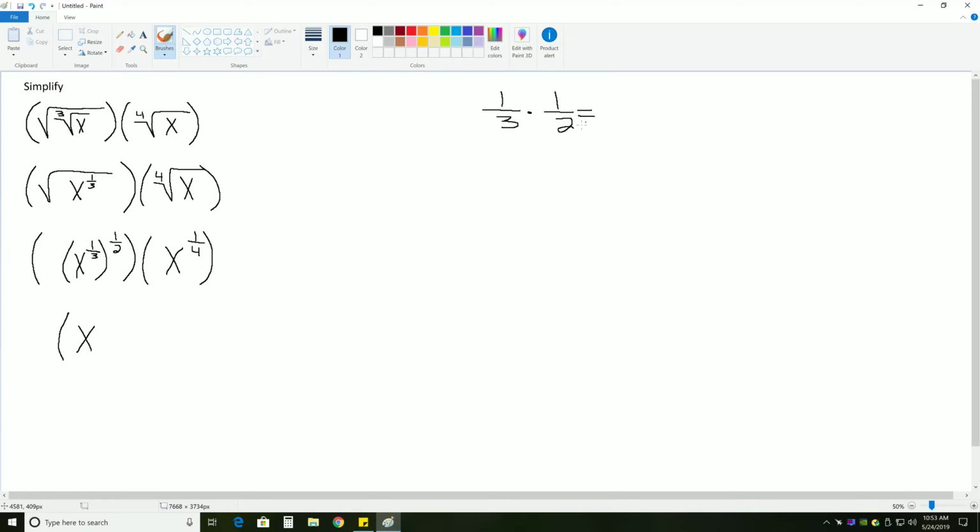Whenever you're multiplying two fractions together, you just multiply straight across. So 1 times 1 gives us 1, over 3 times 2 gives us 6. So we get x to the 1/6 power, and that's being multiplied by x to the 1/4 power.